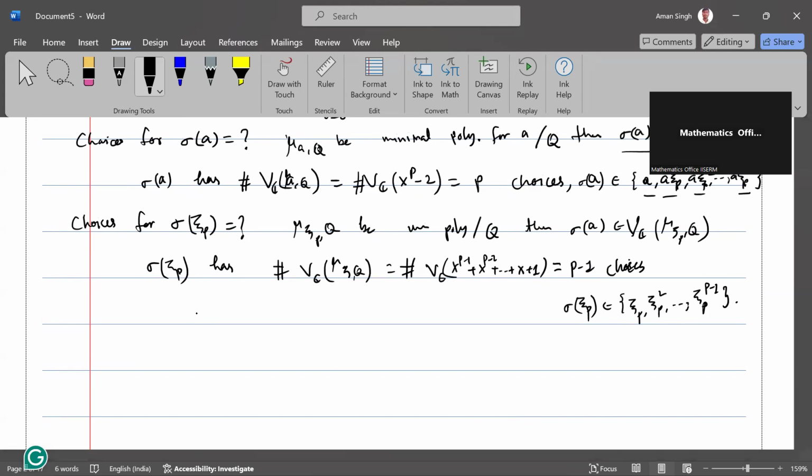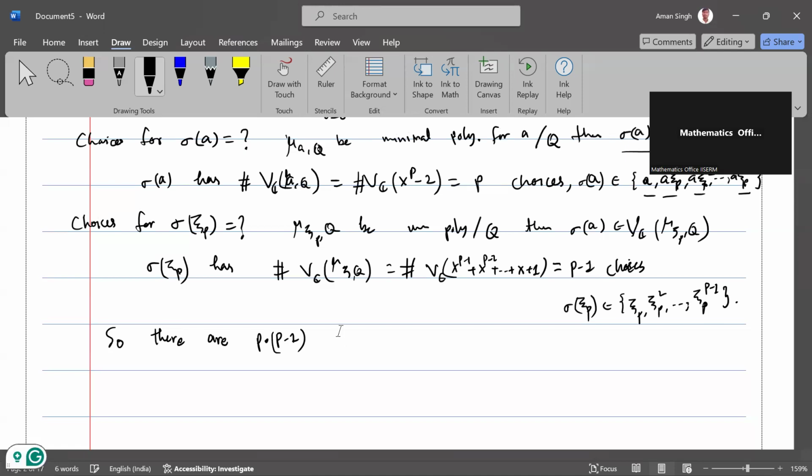So there are at least this much, p into p minus 1. Any automorphism is defined by where a and zeta_p are going, so this many choices we have, p into p minus 1.